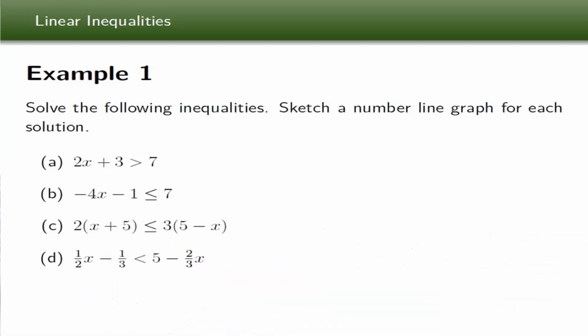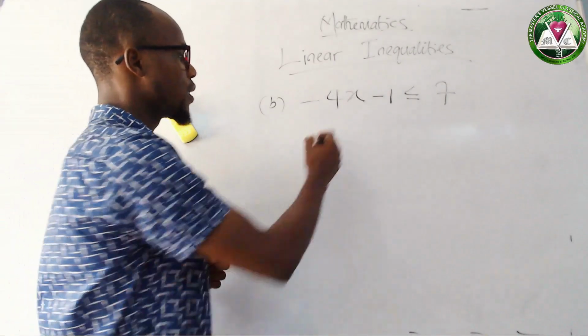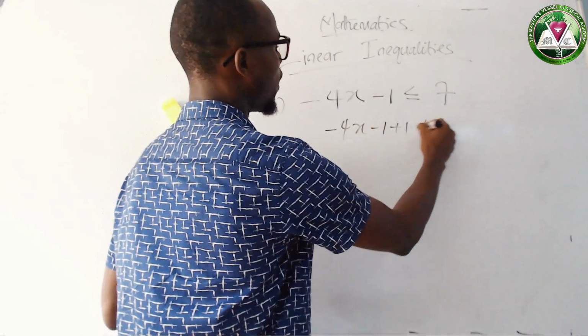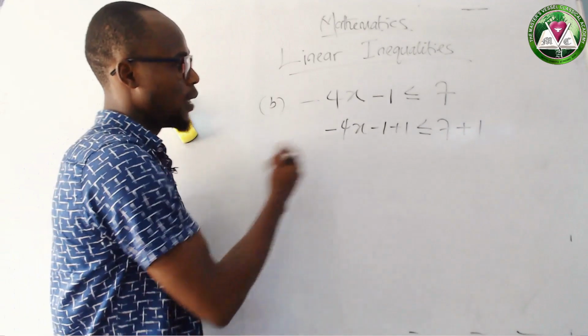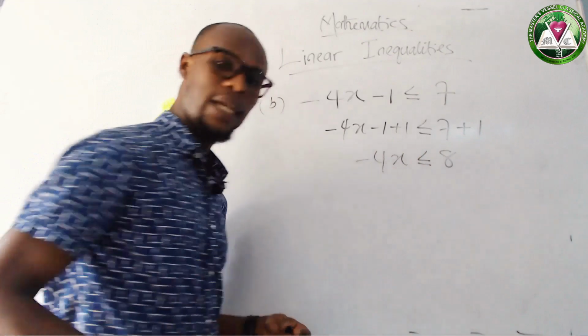The same procedure applies here, where we are trying to solve for the range of values of x that satisfy this inequality. To get rid of the constant, we add 1 to both sides. We will have minus 4x minus 1 plus 1 less than or equal to 7 plus 1. So from the left-hand side, we have minus 4x less than or equal to 8.